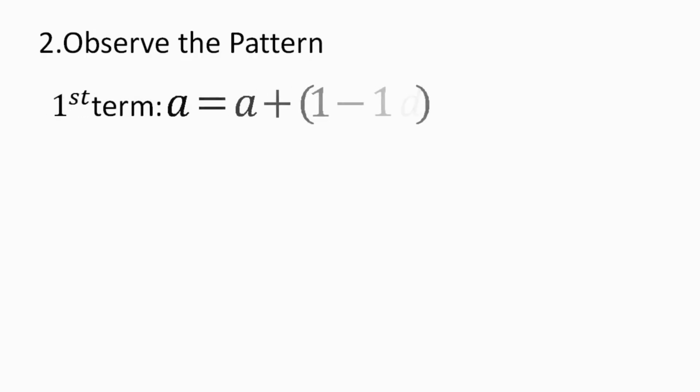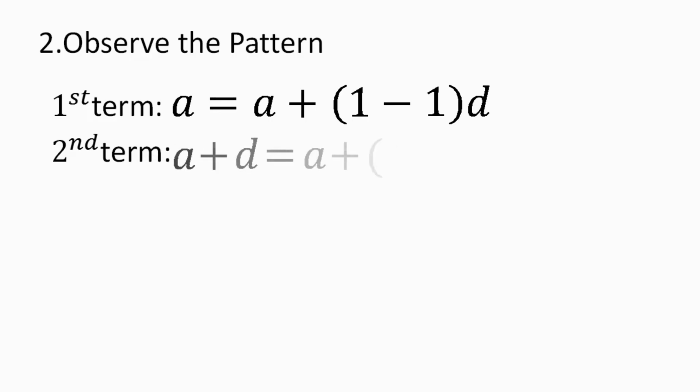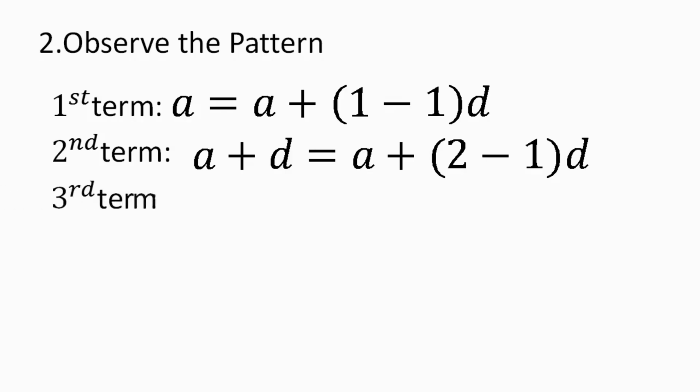Now we observe the pattern. We can write the first term, that is a, as a + (1 − 1)d. The second term is a + d, which can be written as a + (2 − 1)d. The third term is a + 2d, which can be written as a + (3 − 1)d, and so on.